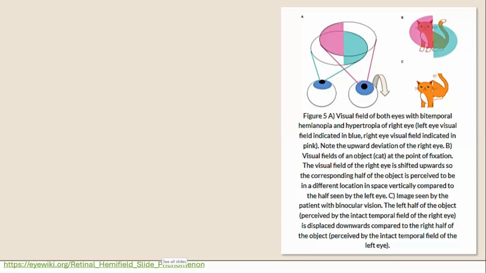However, when there is severe bilateral visual field loss, as in our case, complete bitemporal hemianopia, this balance is disturbed.